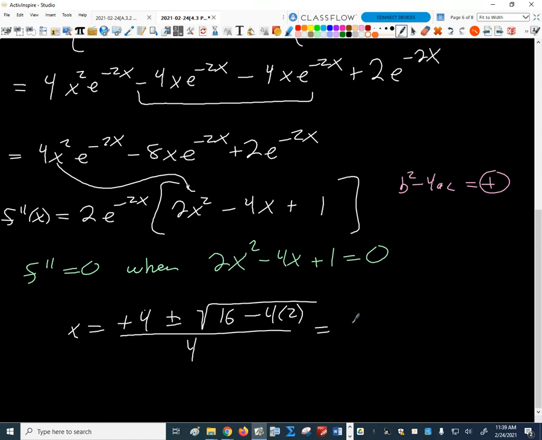So we're getting 4 over 4 is 1, plus or minus the square root of 8 over 4. So that's 2 radical 2 over 4, which would be the square root of 2 over 2, right? So we do get 2 critical numbers then. We know that the second derivative equals 0 at these 2 places. I mean, I shouldn't call them critical numbers. Those are zeros of the second derivative that we'll put into our table, right?